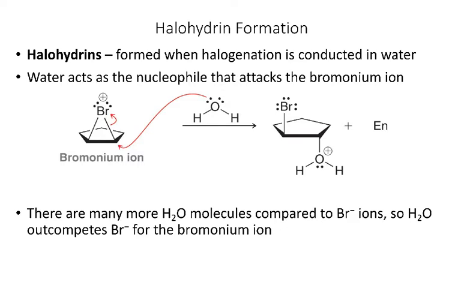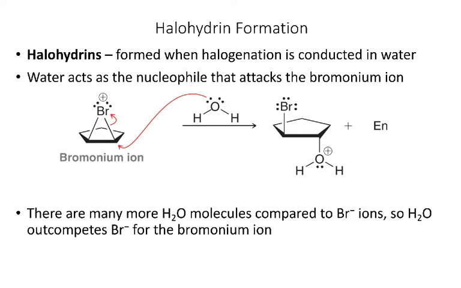So halohydrins are formed when we add a bromine and then an OH in place of a second bromine. Now I know I've written a water here, but just like in the hydration, we can have another base, most likely another water molecule, come and deprotonate this ion. And formation of halohydrins proceeds by a very similar mechanism as the halogenation.